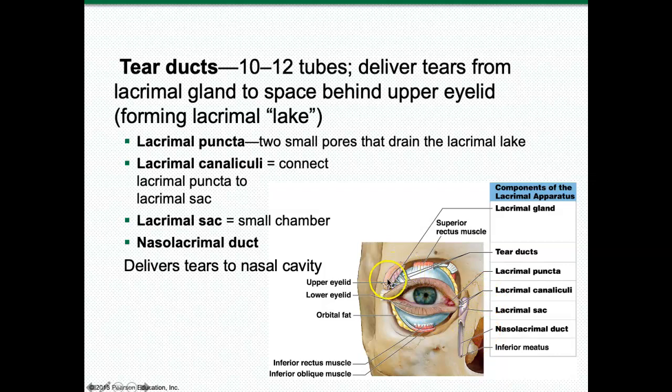So when you're crying and produce more tears, those tears are draining into the nasal cavity. Some of them are produced so rapidly that they spill over and you cry, and the rest goes into your nasal cavity, which makes you have to blow your nose.